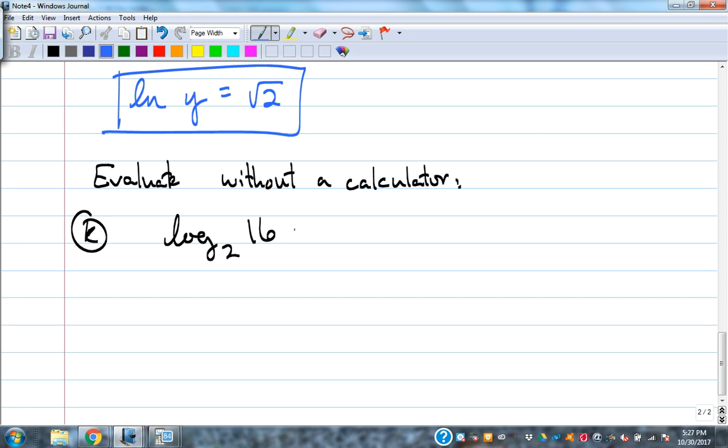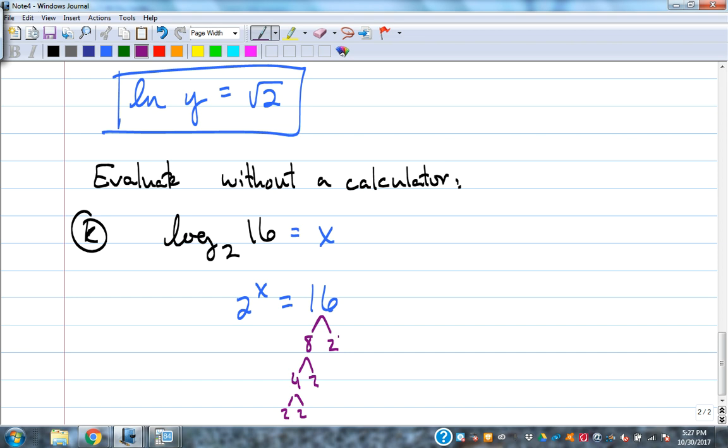The way to think about that is I'm just going to set that thing equal to x, and rewrite it as an exponential equation, because we've done those already. So this would be 2 to the x is equal to 16. And we've done a problem almost exactly like that. 16 we know is 8 and 2, and 8 is 4 and 2, and that's 2 and 2.